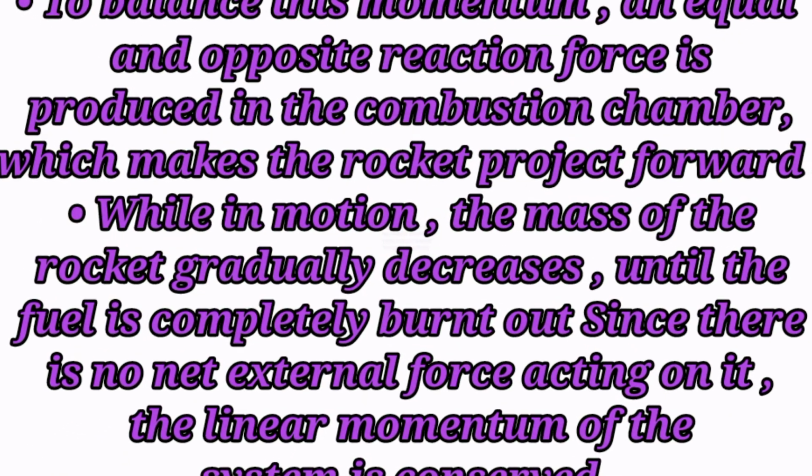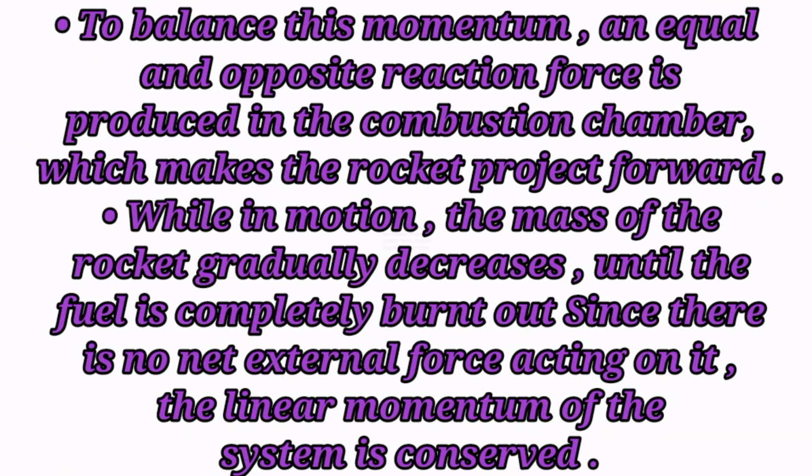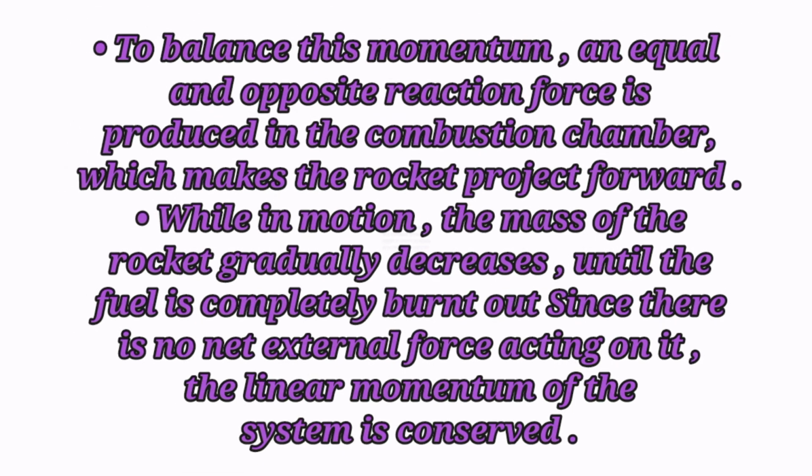To balance this momentum, an equal and opposite reaction force is produced in the combustion chamber, which makes the rocket project forward. While in motion, the mass of the rocket gradually decreases until the fuel is completely burned out. Since there is no net external force acting on it, the linear momentum of the system is conserved.